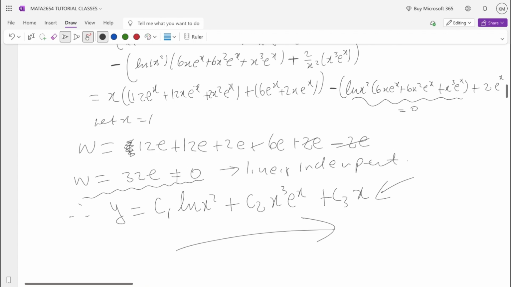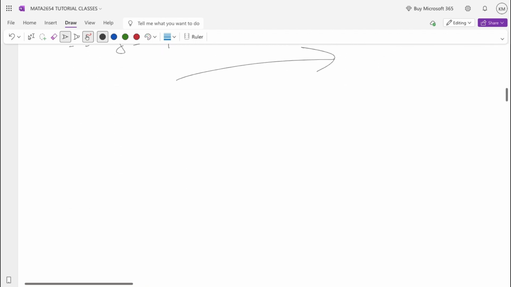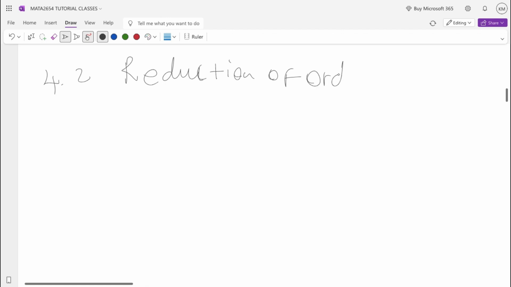So in our next session, we will do 4.2, which is what they call reduction of order. Don't worry, today we're not going to do questions based on this. I just want to leave you with the idea of what is going to happen in 4.2.